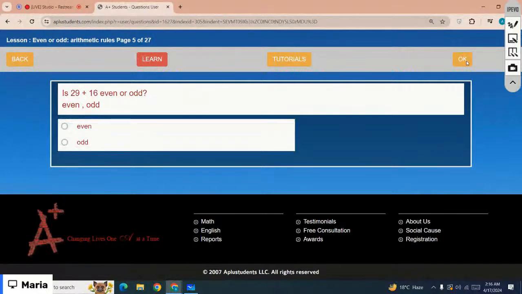Is 29 plus 6, which is the correct option? The correct option is odd. The correct option is odd.